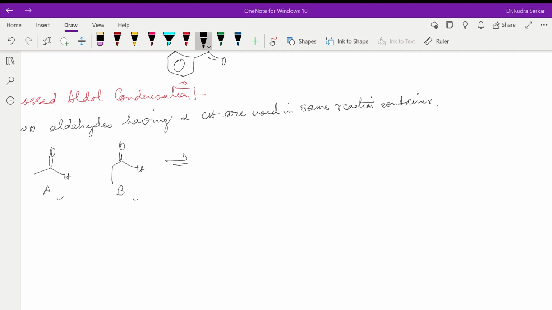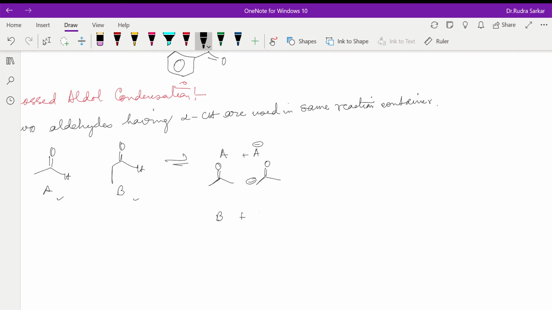So if A combines with its enolate, okay, which means what? This combining with this.